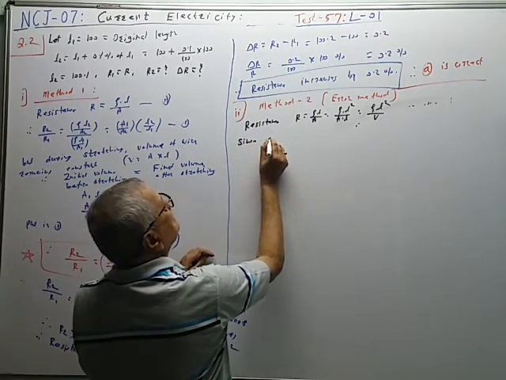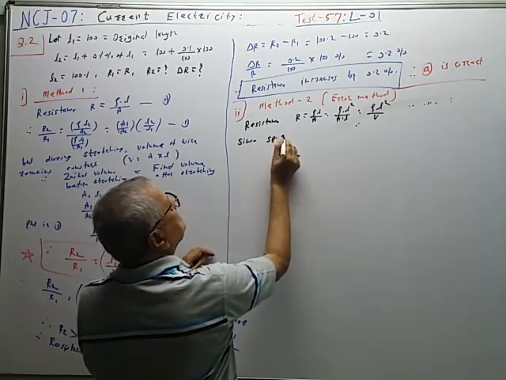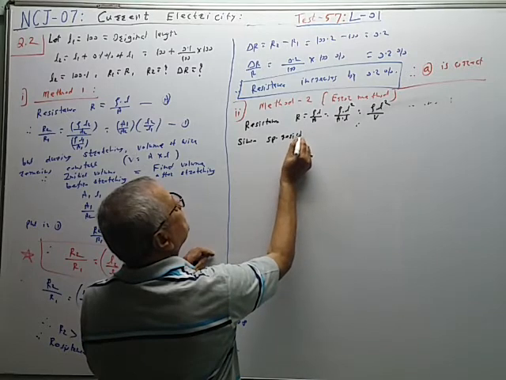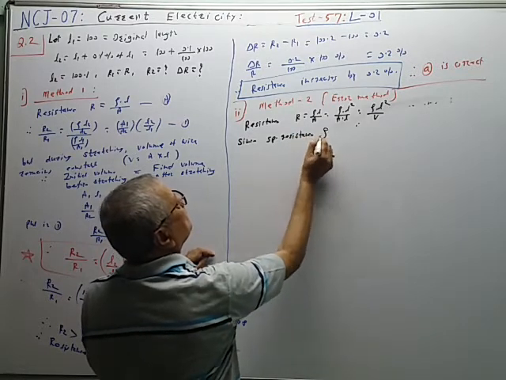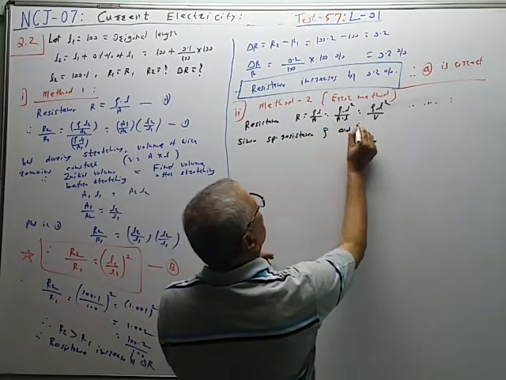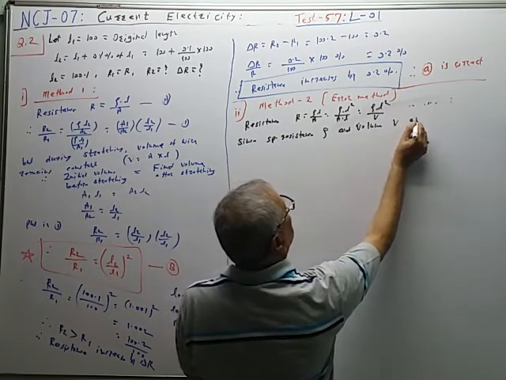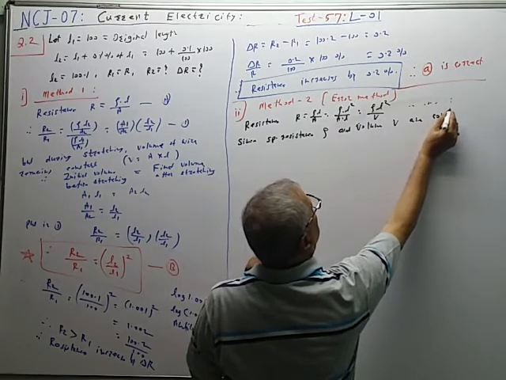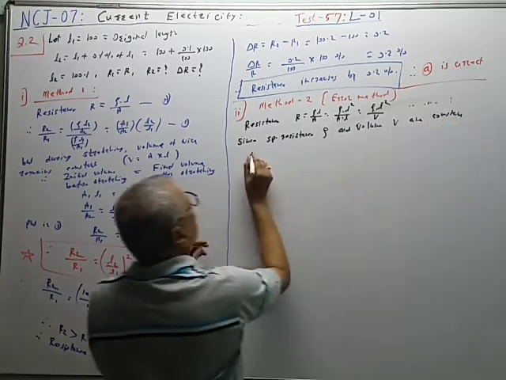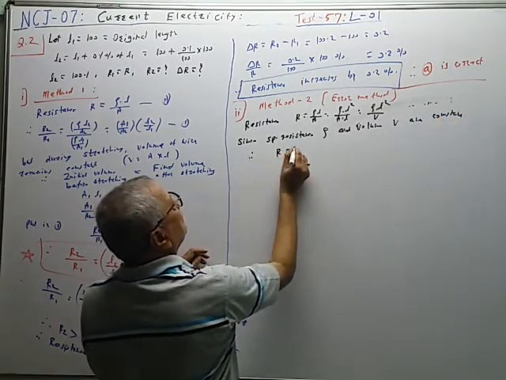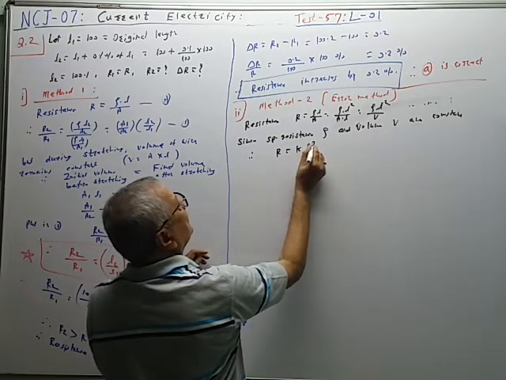Since specific resistance rho and volume V are constant, therefore R is equal to K into L square.